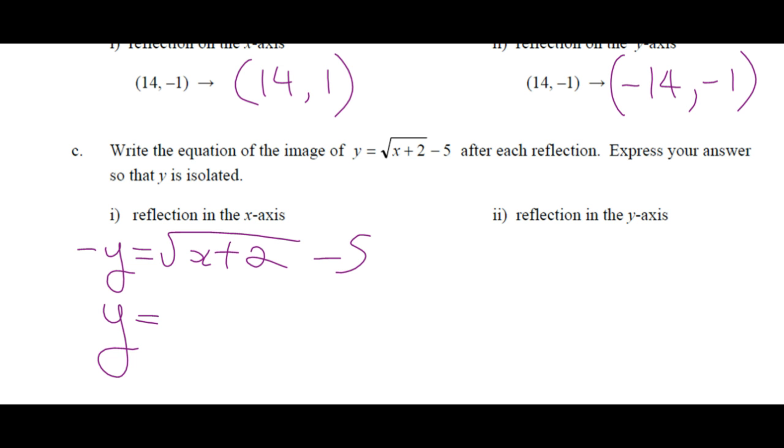But we don't do that, right? We don't write y plus 3 equals either. We isolate y. So this is y equals what? So the negative of the root of x plus 2 plus 5. When you're writing radical signs, watch your sign, like, don't do this and don't do that.